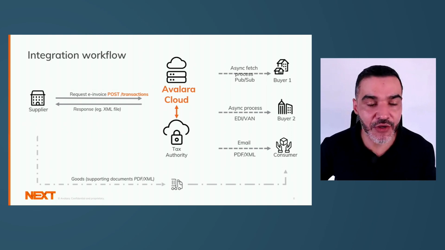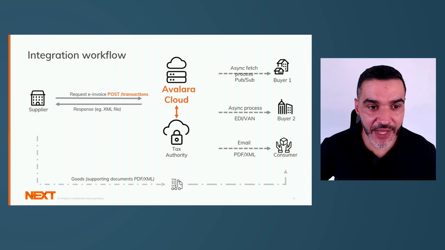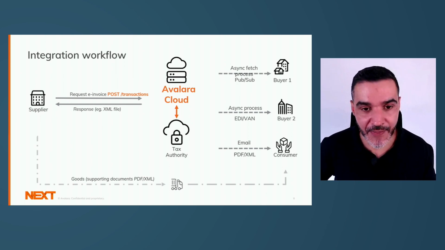Then the ERP can call our APIs through your integration using a post verb in our transactions endpoint, passing that information to Avalara. Avalara Cloud will then receive that information and negotiate the communication with the proper tax authority.